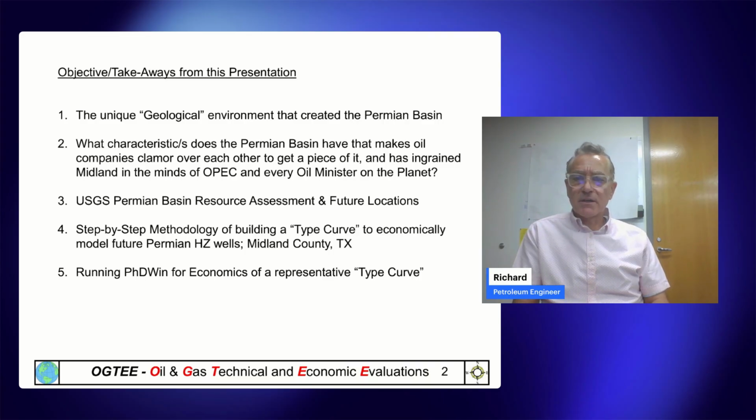It's an area with an enormous number of wells, and that was chosen by design. And then at the end, we're going to have built the type curve, and then we're going to run PHDwin economics on that representative type curve to understand what we could expect if we were to make another capital investment and drill another horizontal well, targeting the horizon that is going to be articulated and identified here.